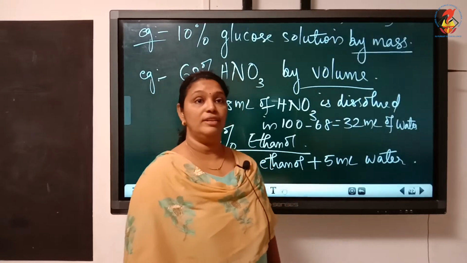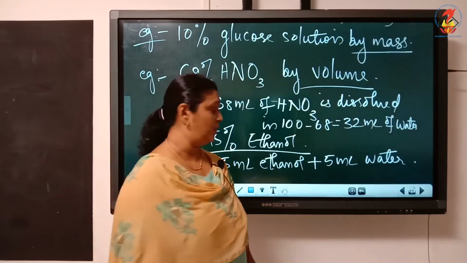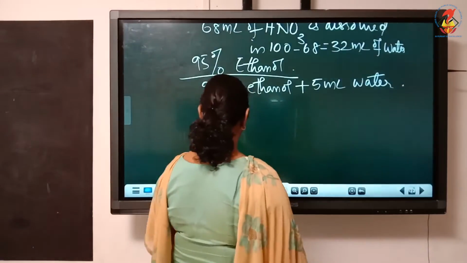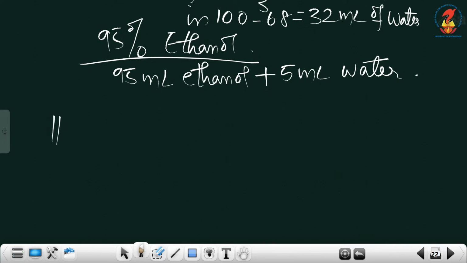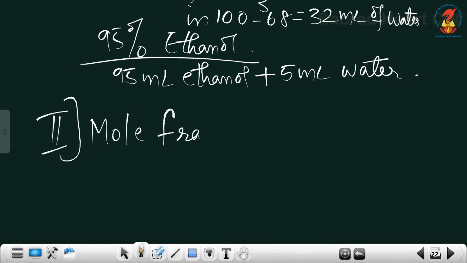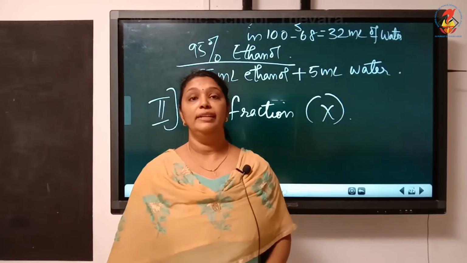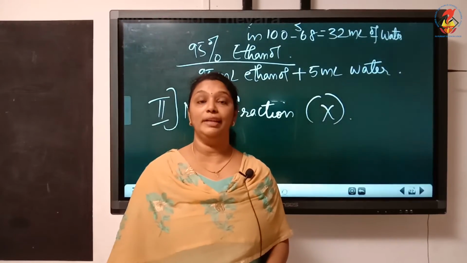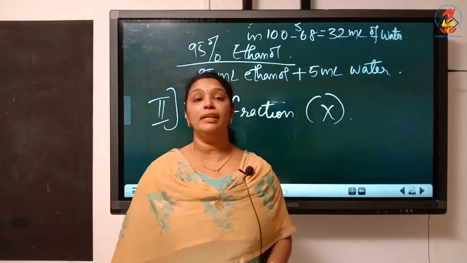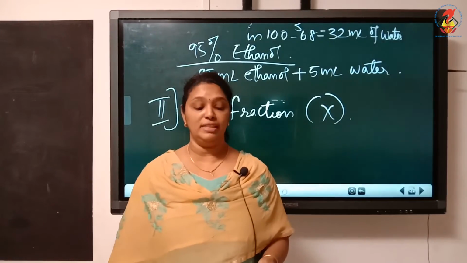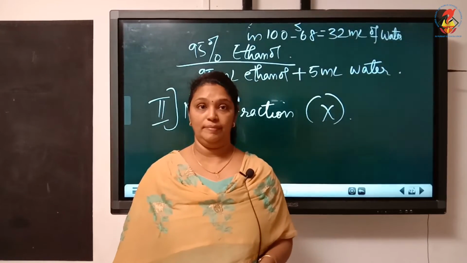Now the second concentration term is mole fraction, denoted by X. Now the definition of mole fraction is, it is the ratio of number of moles of a particular component to the total number of moles of all the components present in the solution.